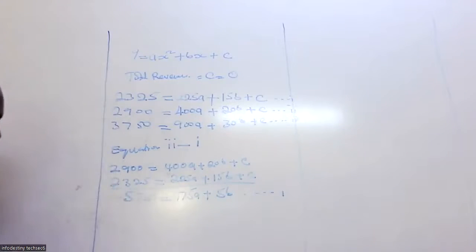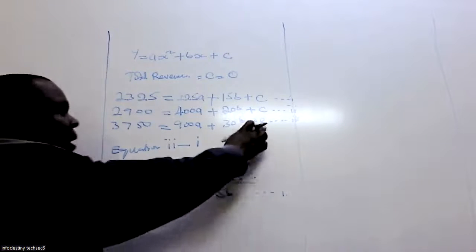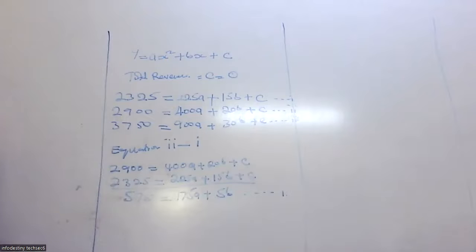When you arrange this, you can write zero instead of C. We just put C, but we assume it's going to be 0, so we are not going to calculate it.